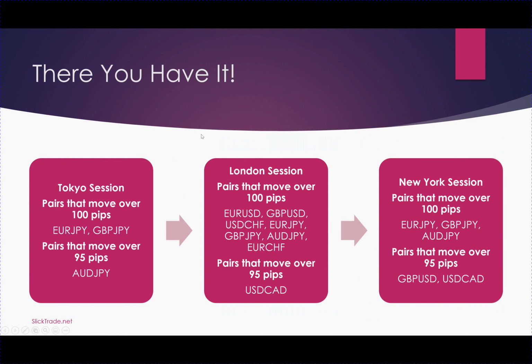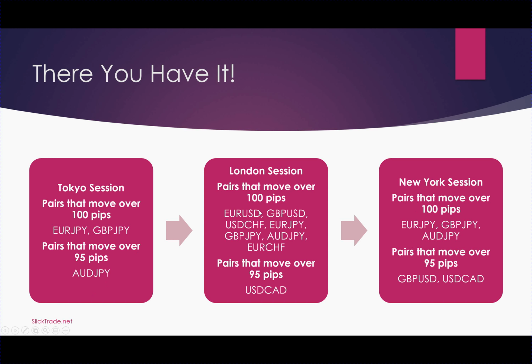So there you have it. Quick recap. Tokyo session, pairs that move the most: Euro JPY, GBP JPY. Same with New York. Close runner up, AUD JPY on the Tokyo. Right up there with the rest in New York would be AUD JPY.